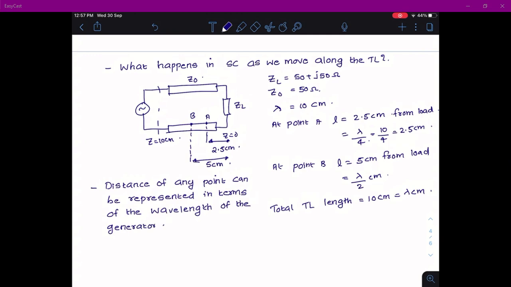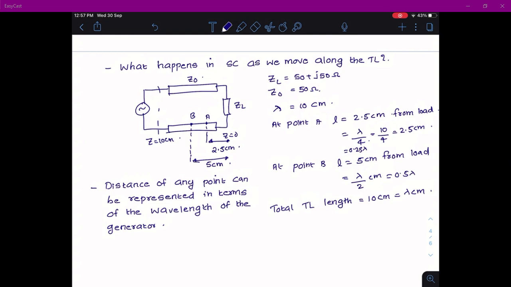So any point on the transmission line you can represent in terms of the wavelength of the generator. Okay. So lambda by 4 means 0.25 lambda, this is 0.25 lambda, this is 0.5 lambda, and so on.